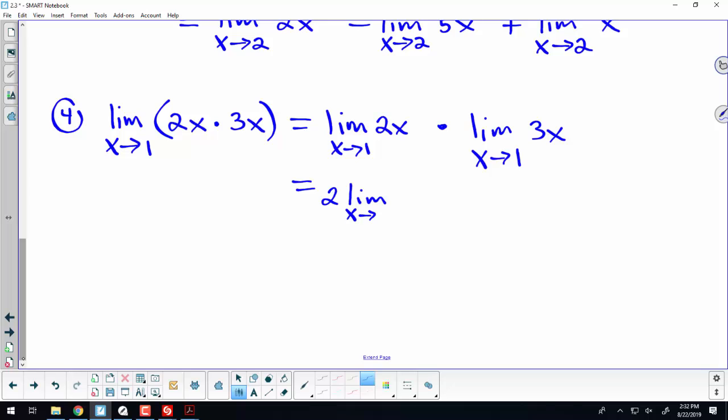I could even pull that out front if I wanted to. So I have 2 times the limit as x approaches 1 of x, times 3 times the limit as x approaches 1 of x. And again, most of you probably won't write it all out like that, but it can be helpful to compute limits, at least initially, I think. So, whatever makes sense to you.